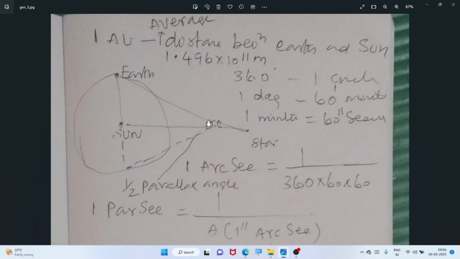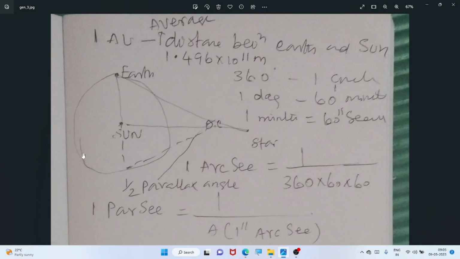This angle is half of the parallax angle. This total angle is theta, and this one side angle is half of the parallax angle. So one astronomical unit, the average distance between the sun and the earth, is approximately 1.496 × 10^11 meters.